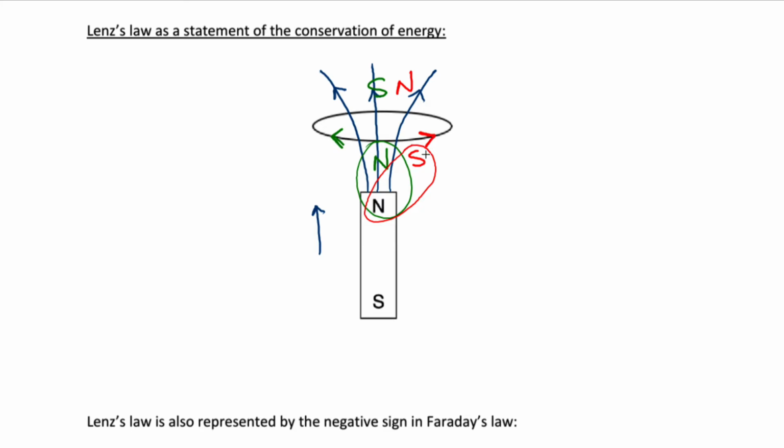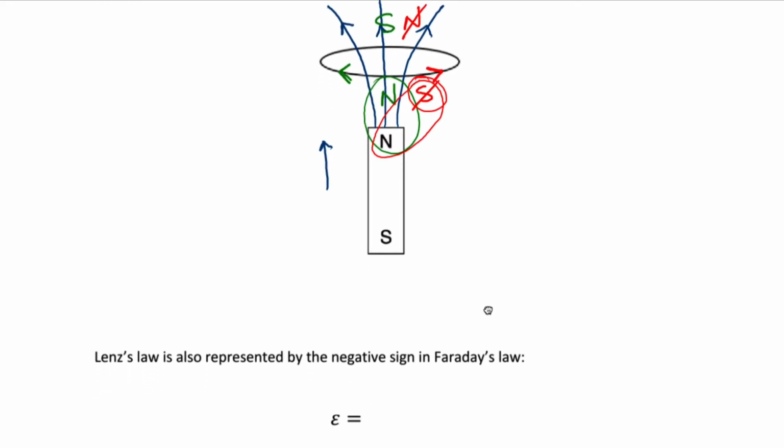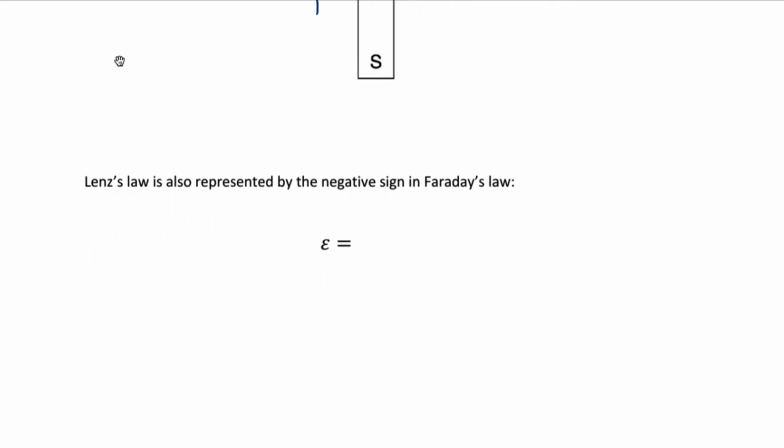An increase in current would generate a greater magnetic field, and then the process would repeat. You get this positive feedback loop that was generating energy from nowhere. And that can't happen, and as a result, it's not a south pole that's generated down here, it's a north pole, and the current has to go in this direction, not in that direction. So you can think of Lenz's law as a restatement of the law of conservation of energy.